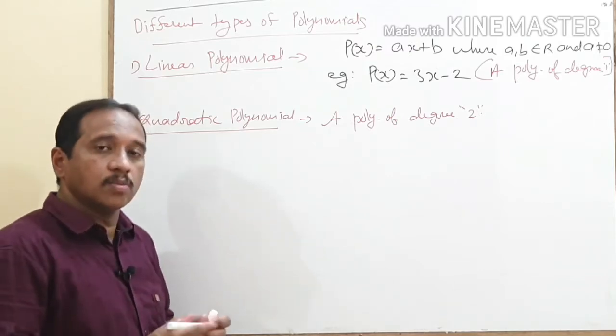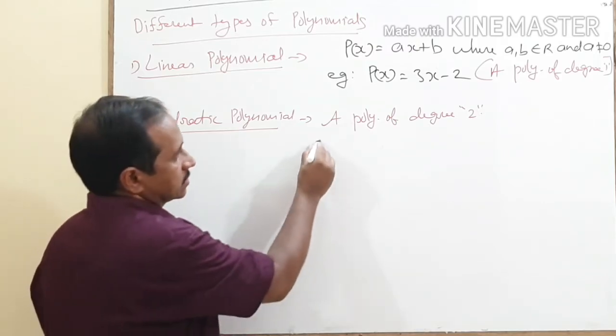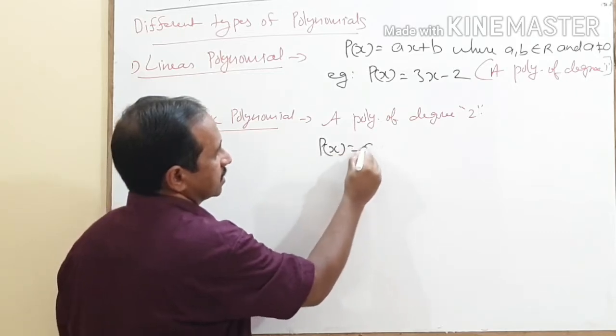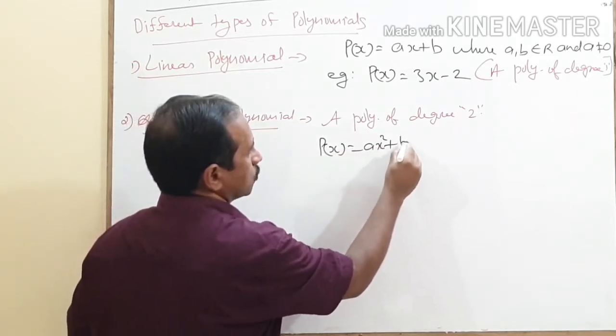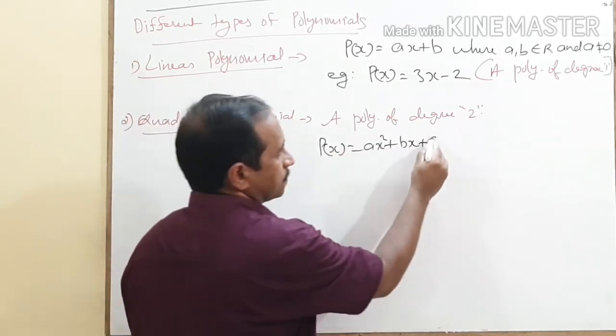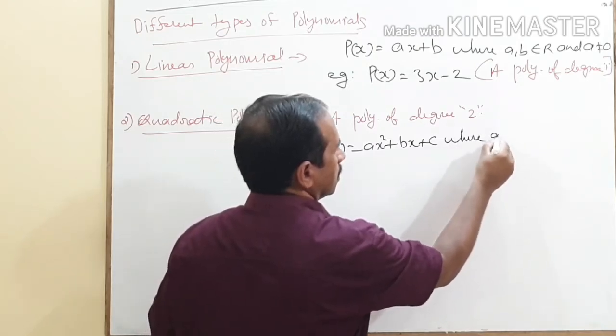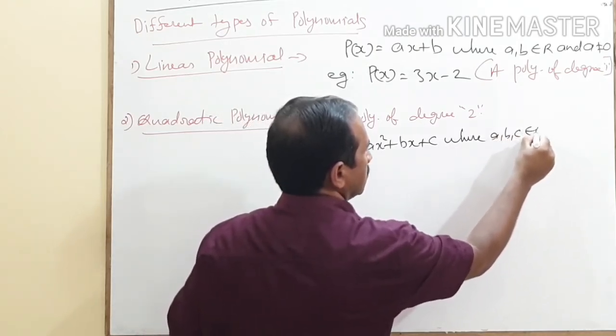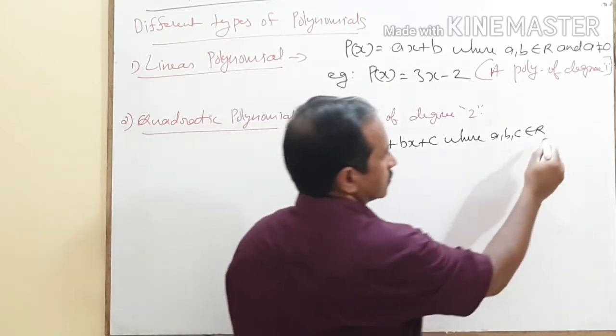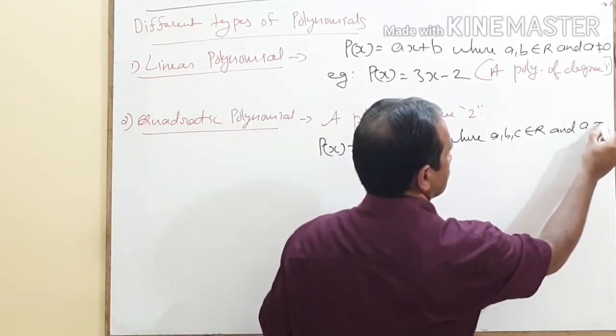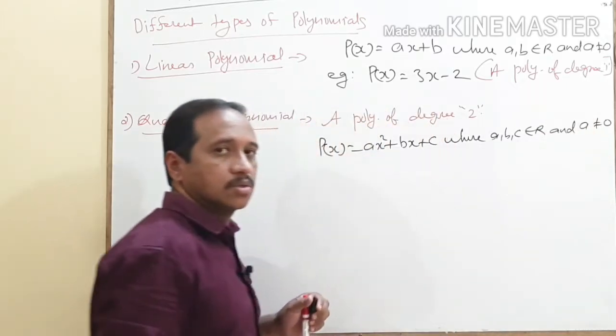The standard form of a quadratic polynomial is p of x is equal to ax square plus bx plus c, where a, b, c belong to real numbers and a is not equal to 0.